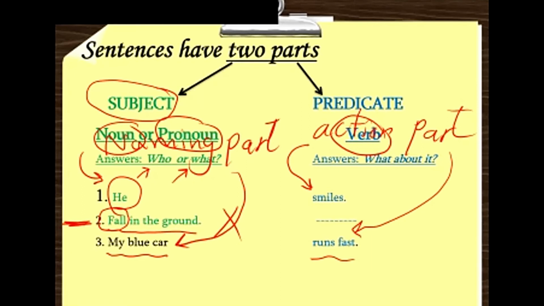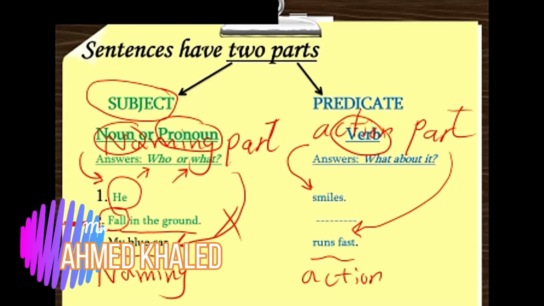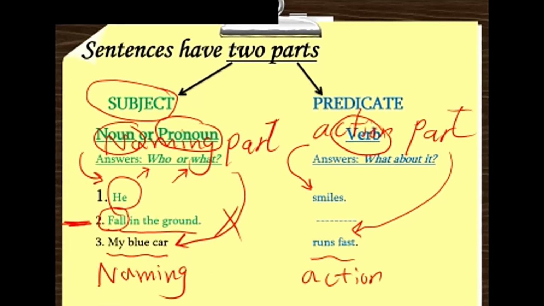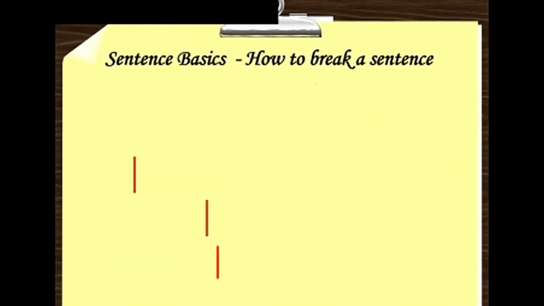So a sentence must have, again, I need to repeat it, a naming part, which can be a noun or pronoun, and an action part. I can say here another sentence: Mom cooks food.